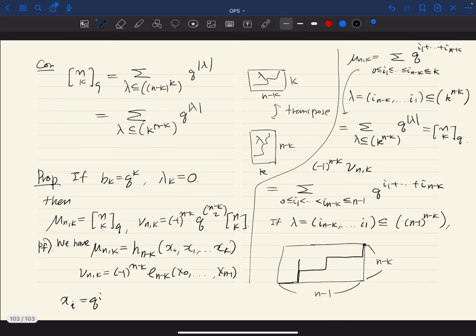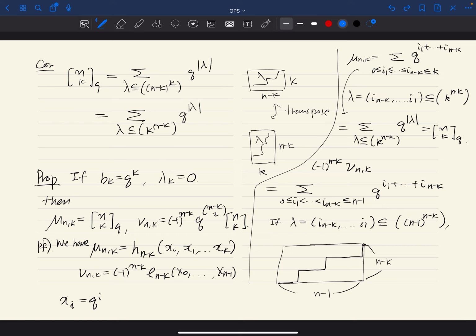So how can we deal with this? A common trick here is you just subtract some numbers so that we have a weakly decreasing sequence. So define, say, mu as lambda minus, the first, you subtract the 0 at the end, 1, the second to the last, dot dot dot, so n minus k minus 1.